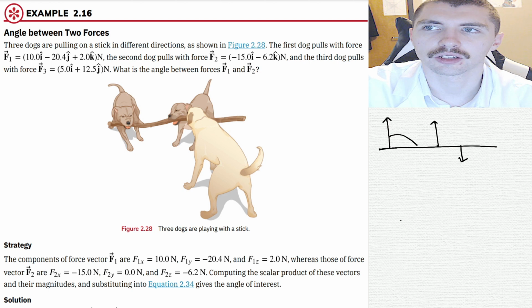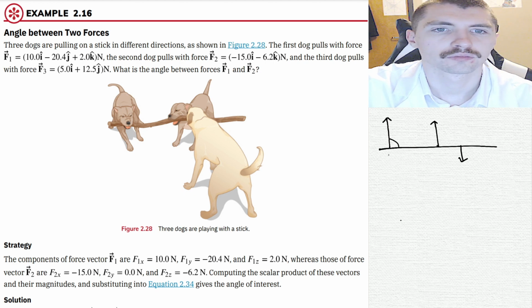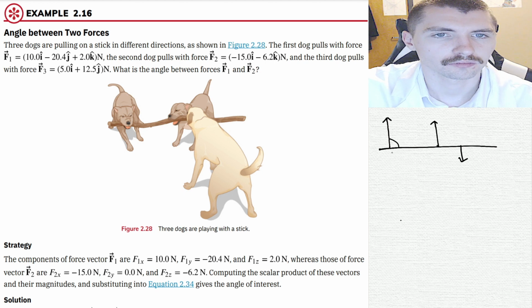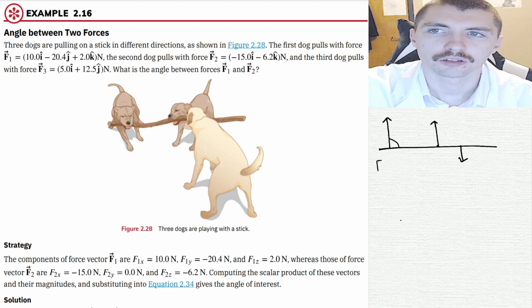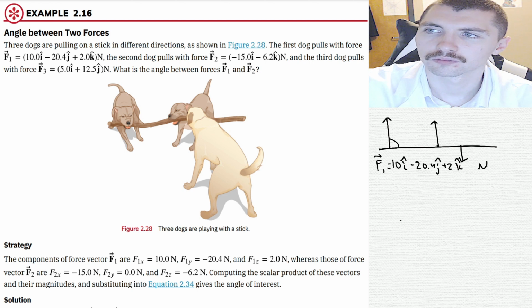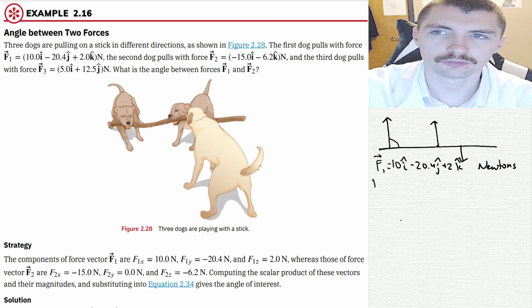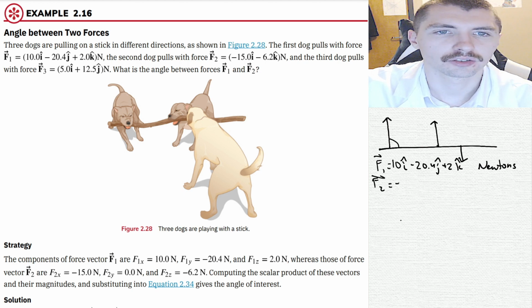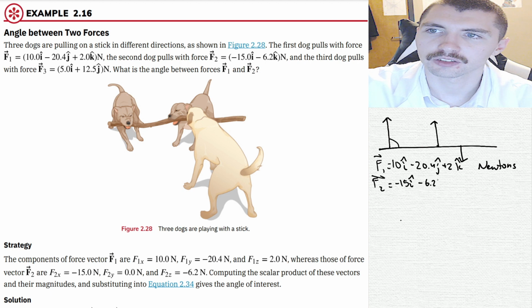So what's this angle? Newtons. F2 is 15I minus 6.2 K newtons.